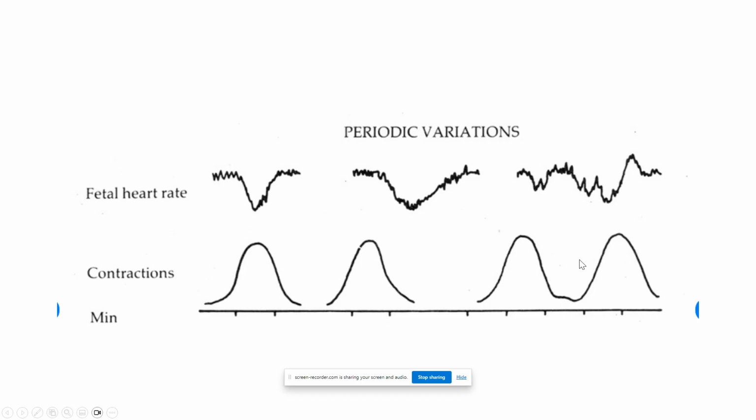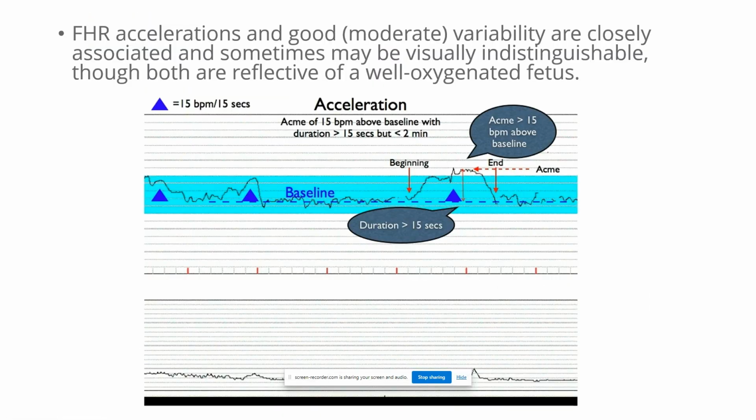Now, variable decelerations really go back to the baby's cord. And what I mean by that is, let me actually show you something. Give me one second. Before we actually go there, let me move up a little bit and just tell you first about acceleration.